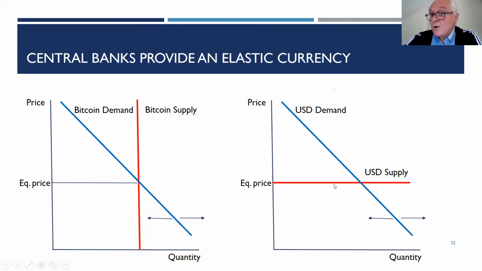The supply curve is totally horizontal, in contrast to Bitcoin, where it's vertical. When the demand for the US dollar shifts around, and it also shifts quite dramatically, these shifts are absorbed by the balance sheet of the central bank. And that's how they can keep the dollar stable in the short run.